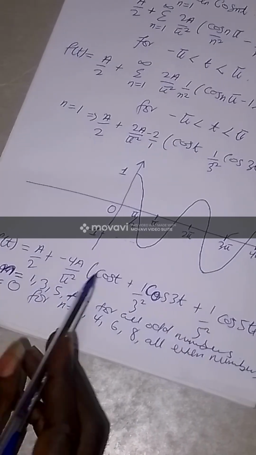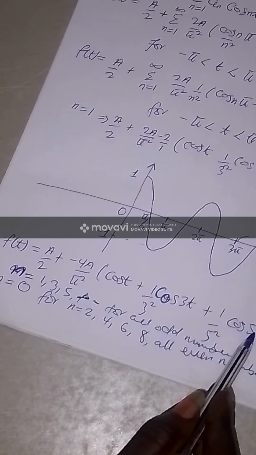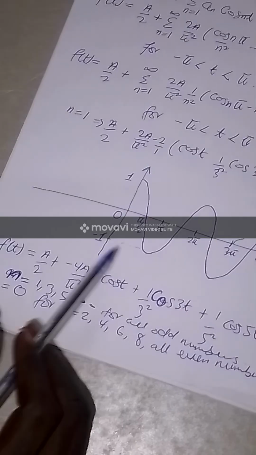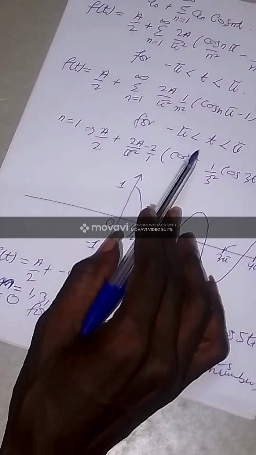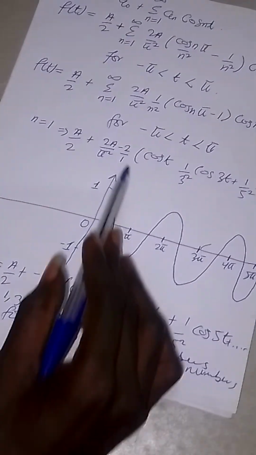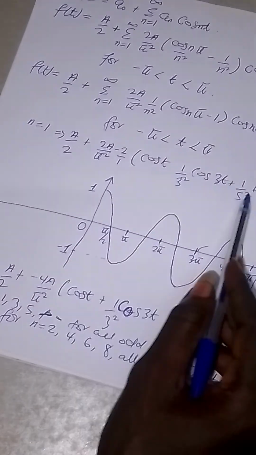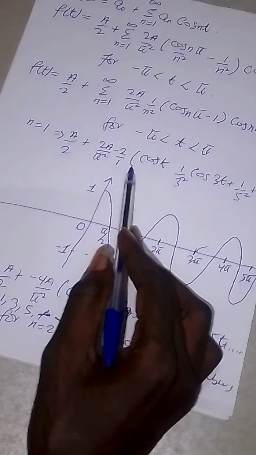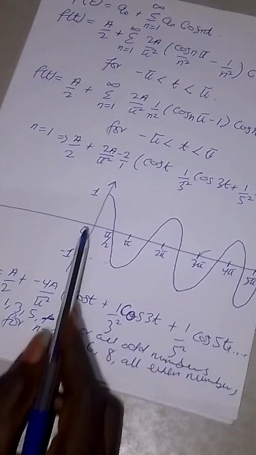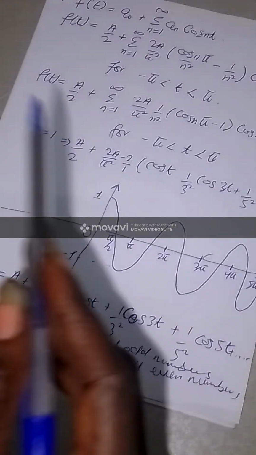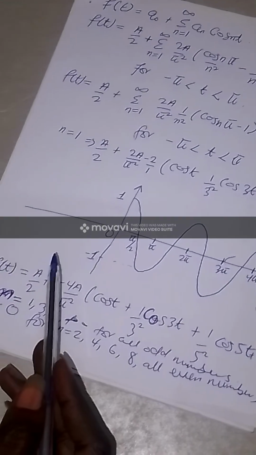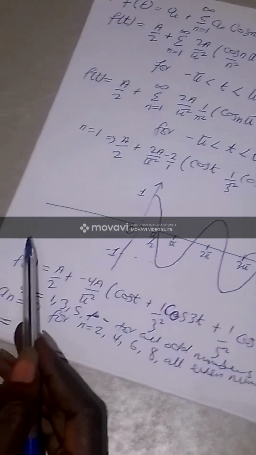The series is defined for odd numbers, but for even numbers it is 0, because you realize that whenever I put in the odd number 1, that is when I was realizing these values. When I put in 3, that was when I was realizing these values. And when I put in 5, that was when I was realizing these values. But when I put in 2 and 4 and 6 and 8, even numbers, I will be getting 0. Thank you very much for listening.